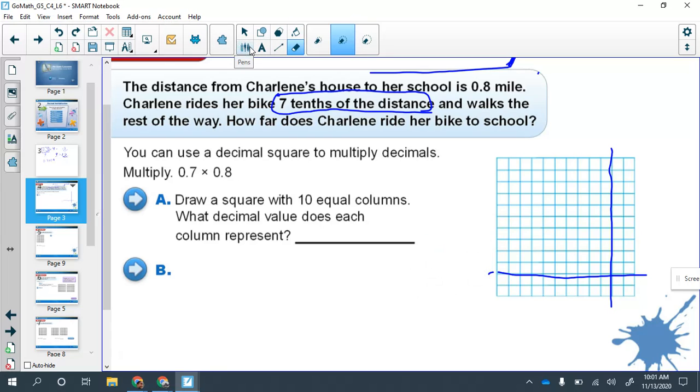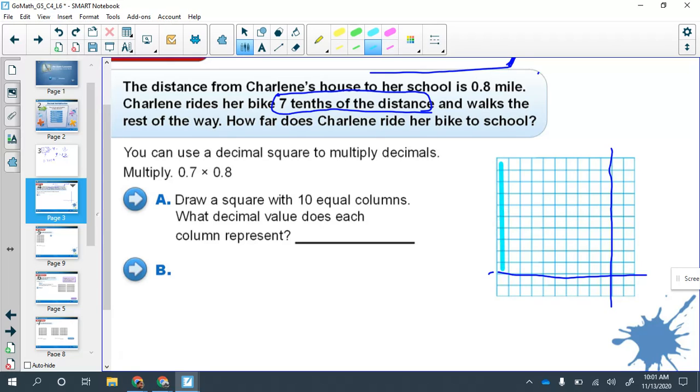Now, the second step. I'm going to use a highlighter because it's a little bit easier. I want to shade in 8/10 of this picture.